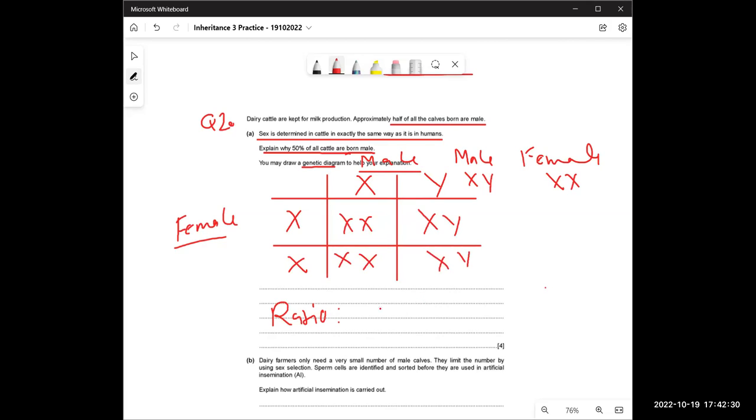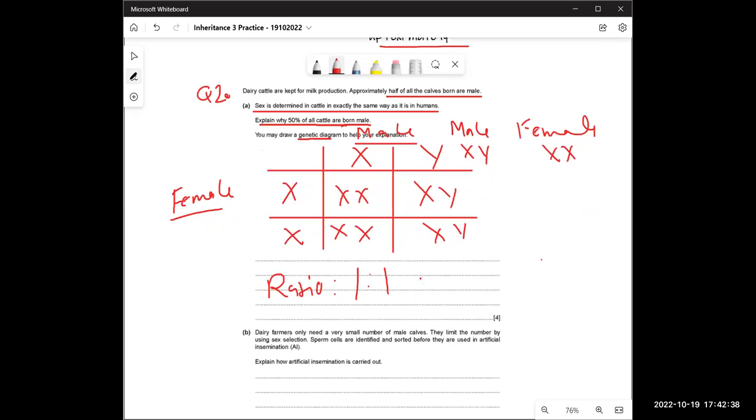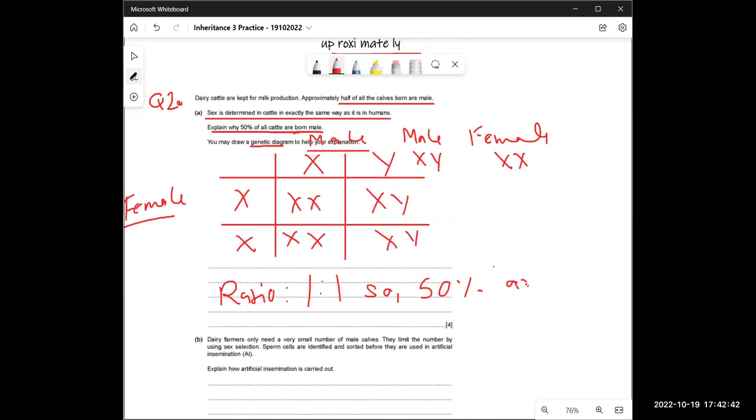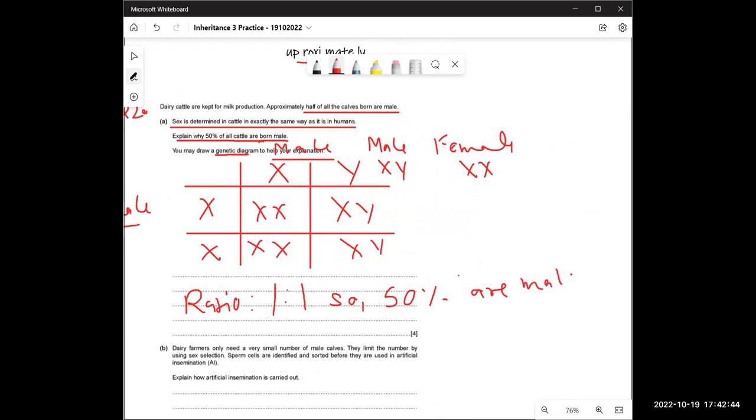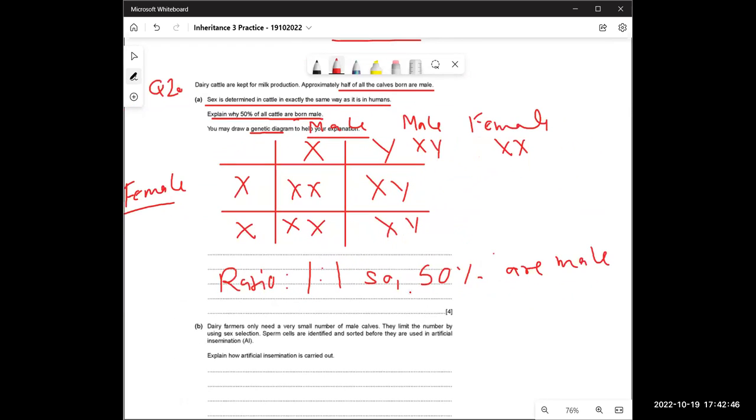Now the ratio, 1:1. Perfect. So 50% are male and 50% female. You need to write this part because it's given in the question.